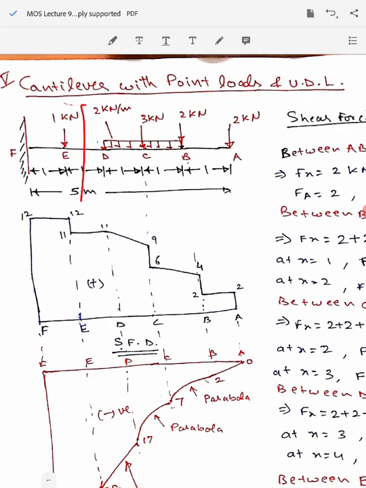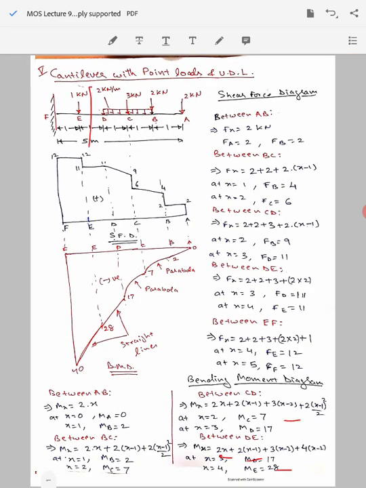So you get 2 into 2, that is 4, appearing here, and it is acting at a distance of x minus 2 meters from the cut section, so that's why you get a distance of x minus 2 here.